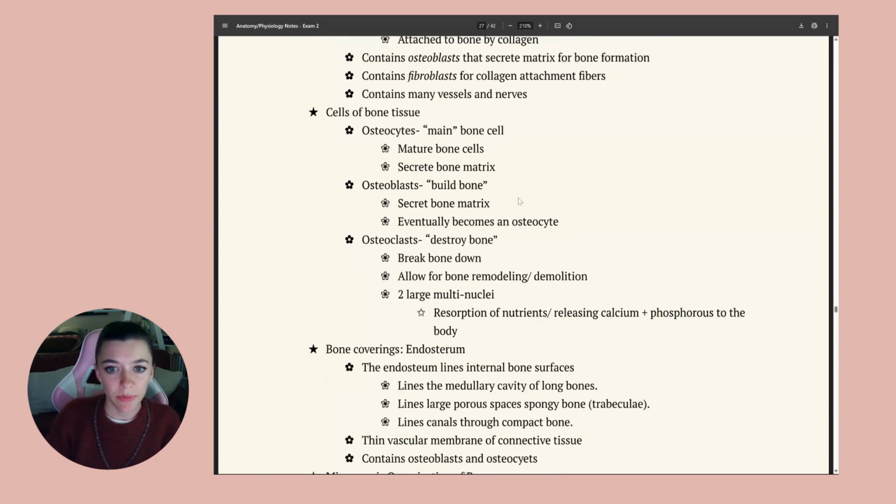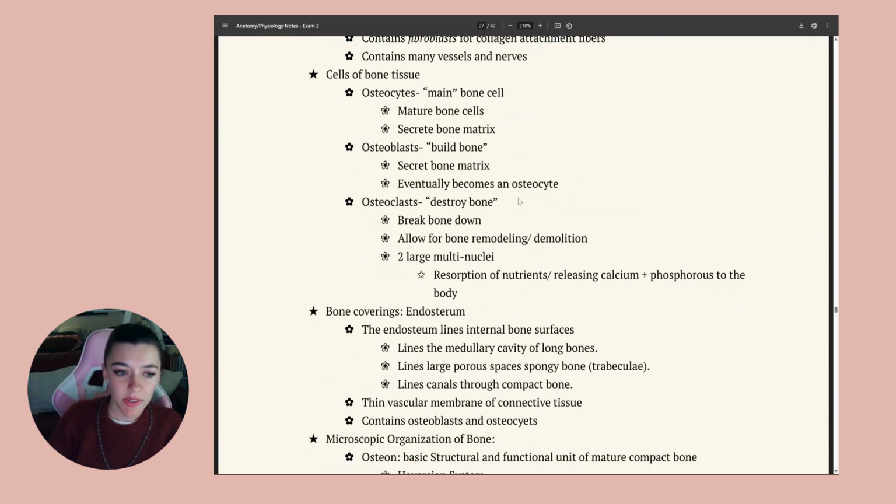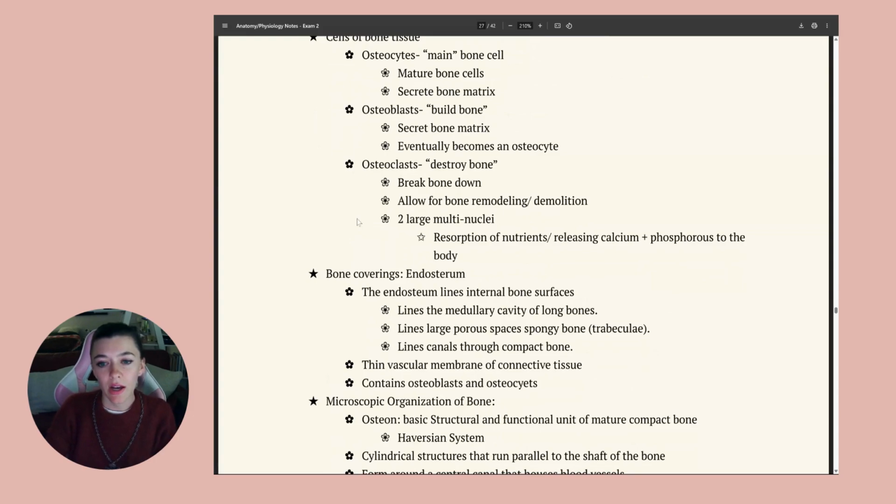Cells of bone tissue. Osteocytes. This is the main bone cell. They are the mature bone cells, and they secrete bone matrix. Osteoblasts, these build bone. They secrete bone matrix as well, and eventually become osteocytes. Osteoclasts, these destroy bone.